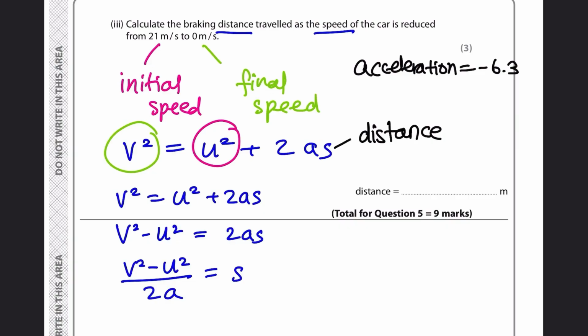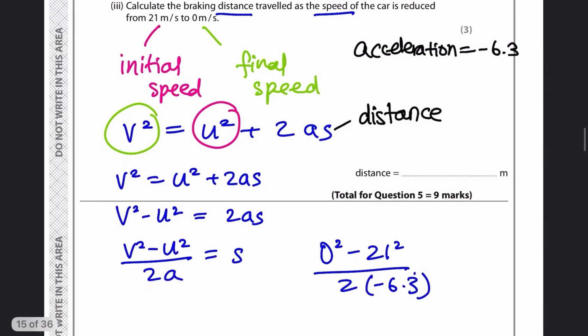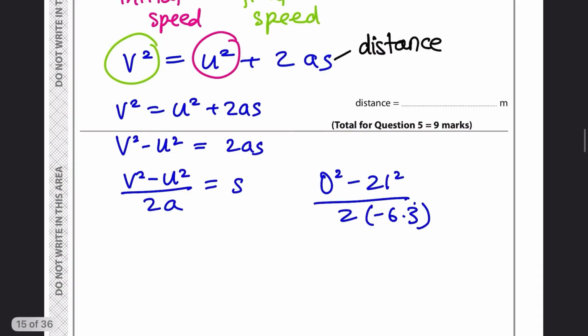Now I can substitute. And of course I've checked all my units already. So V is 0, so that means 0 squared minus 21 squared, divided by 2 times A. A was negative 6.3 recurring, right? Now, let me do this calculation. 0 squared is just 0. 21 squared is 441.